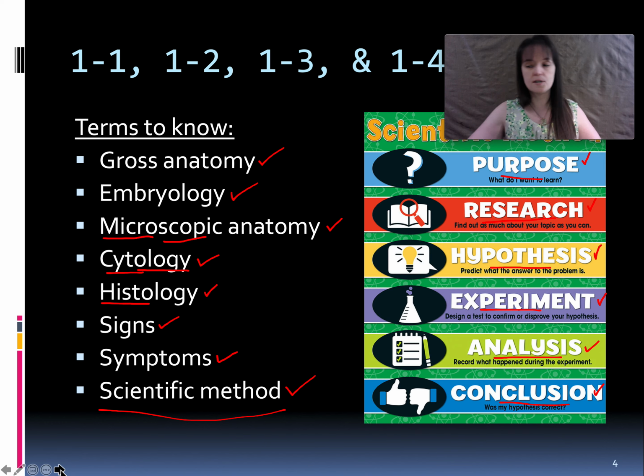In the newest version of the book, quite a bit of the information from the clinical notes has been moved into the text. So do be extra careful to make sure that you are learning and reviewing the clinically related information.